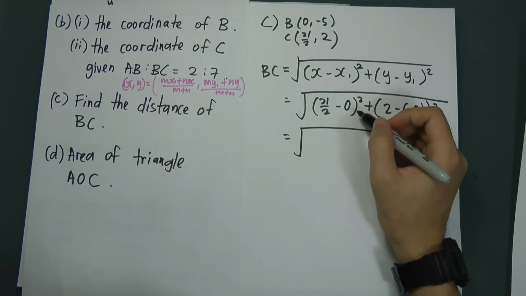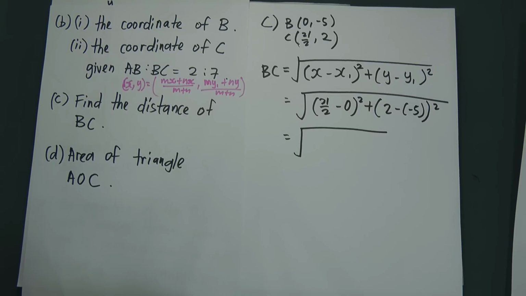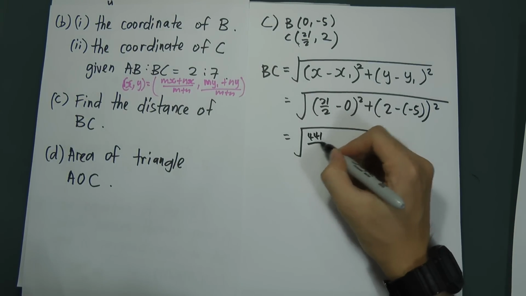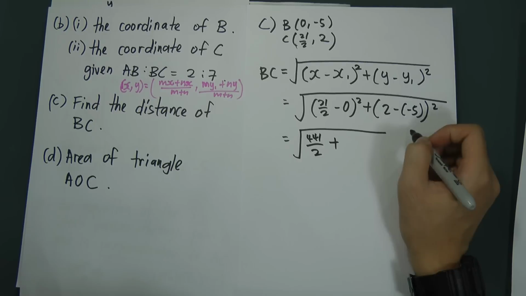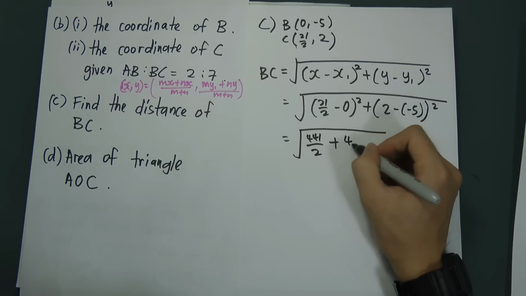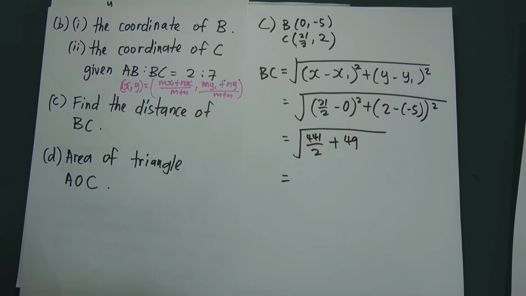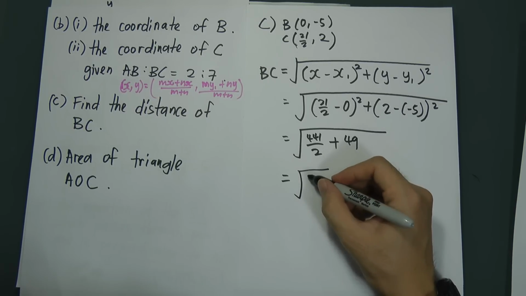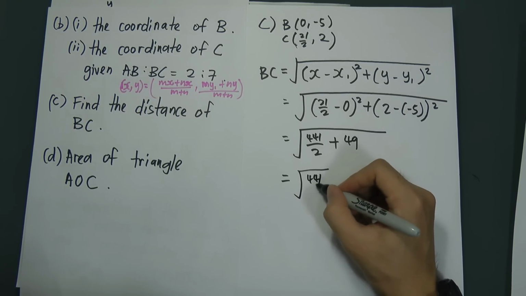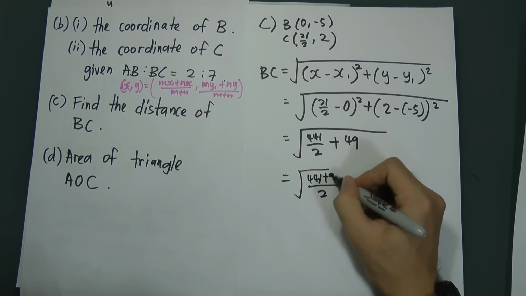You press the calculator, then you will got 21 squared is 441 over 2 squared, plus 7 squared, which is 49. So 49 multiple 4, which is 196.